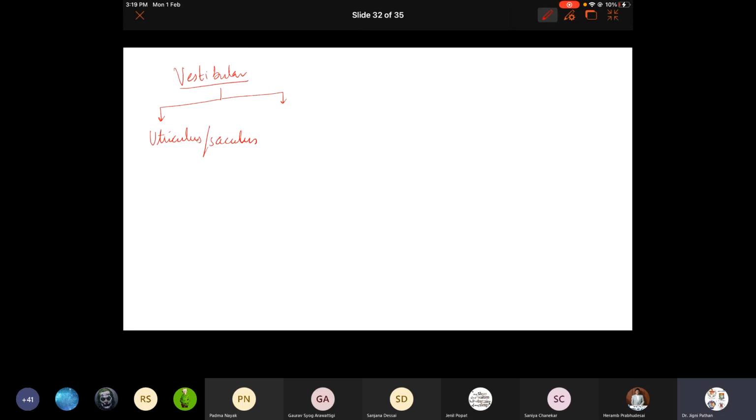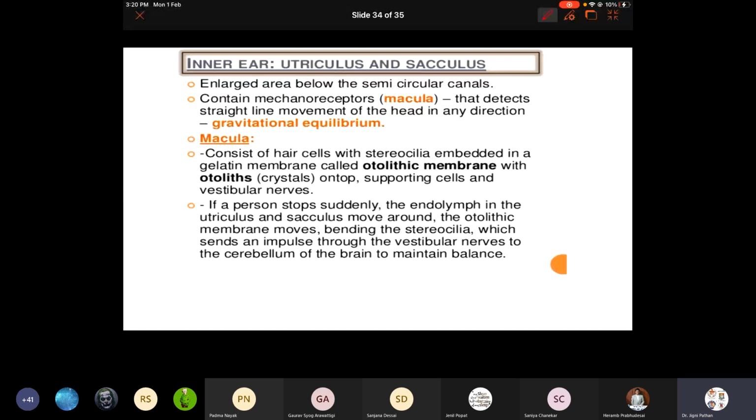So utriculus and sacculus is one part of the vestibular and the semicircular canal is the other part. Let us write down about utriculus and sacculus.